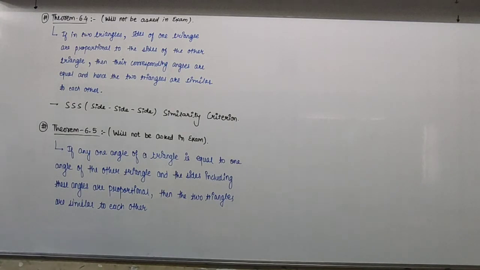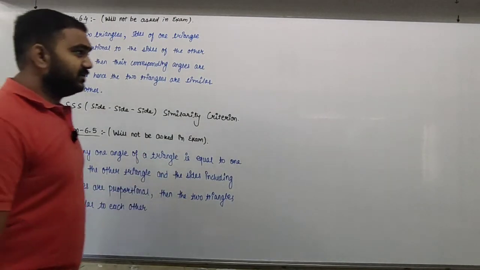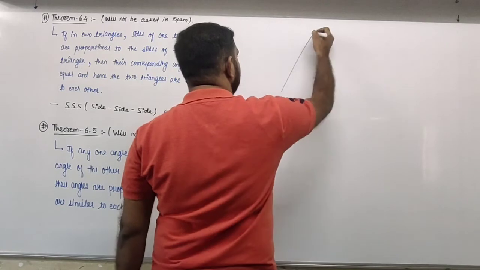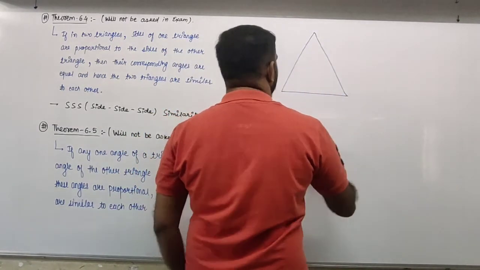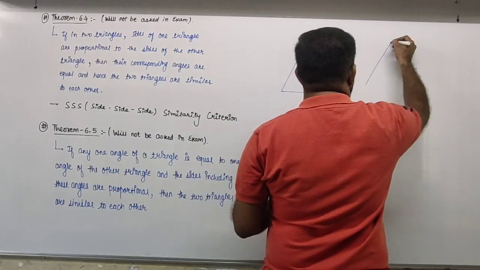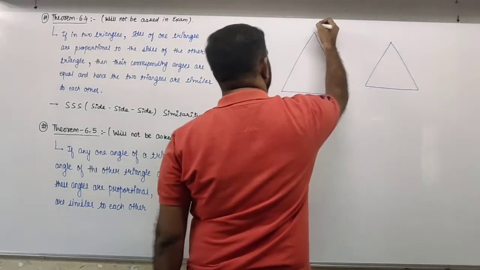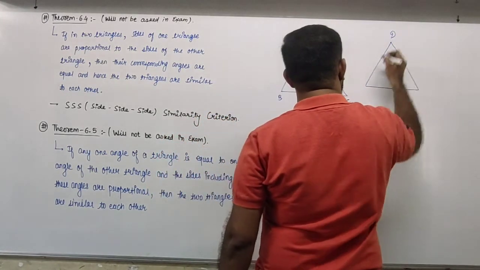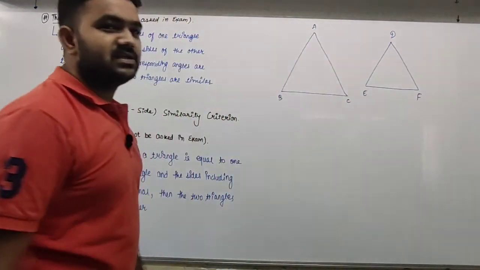Then, if one angle of a triangle... we have two triangles, as we discussed for the congruence. Like this: triangle ABC and triangle DEF. These are the two triangles we have.